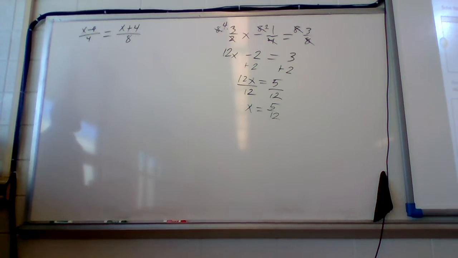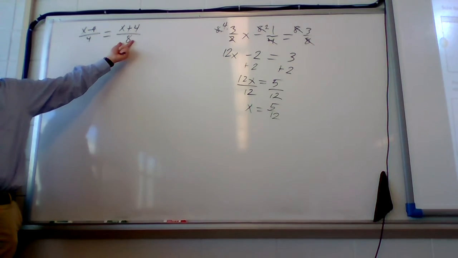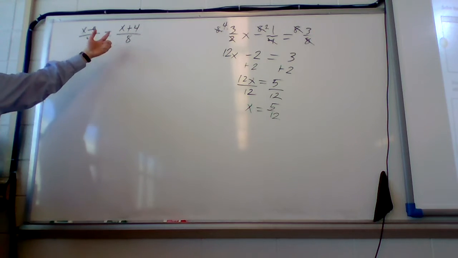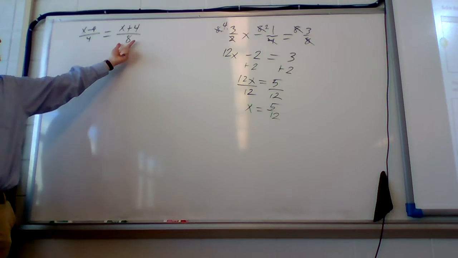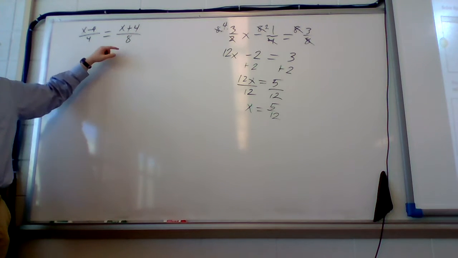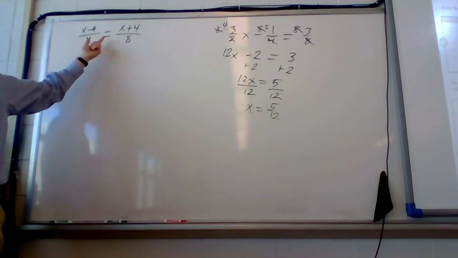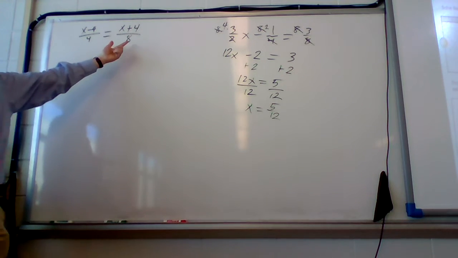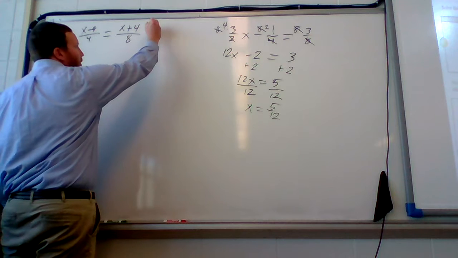The smallest that we can multiply by is at least the biggest. So you're always going to look at the biggest first, and you're going to see if this can go into that. That's kind of the trick. Always start with the biggest, because you're going to have to multiply by at least the biggest one. So is 4 going into 8? In this case, we can just multiply by our 8 on both sides.